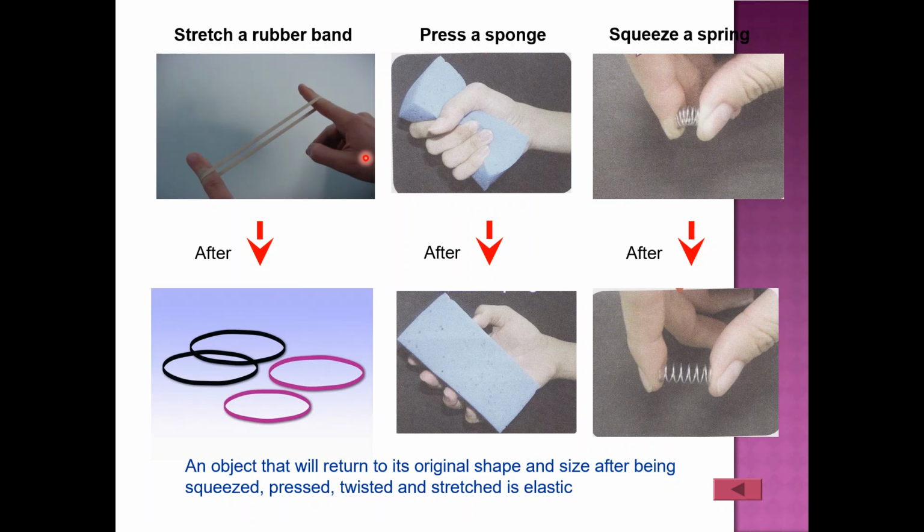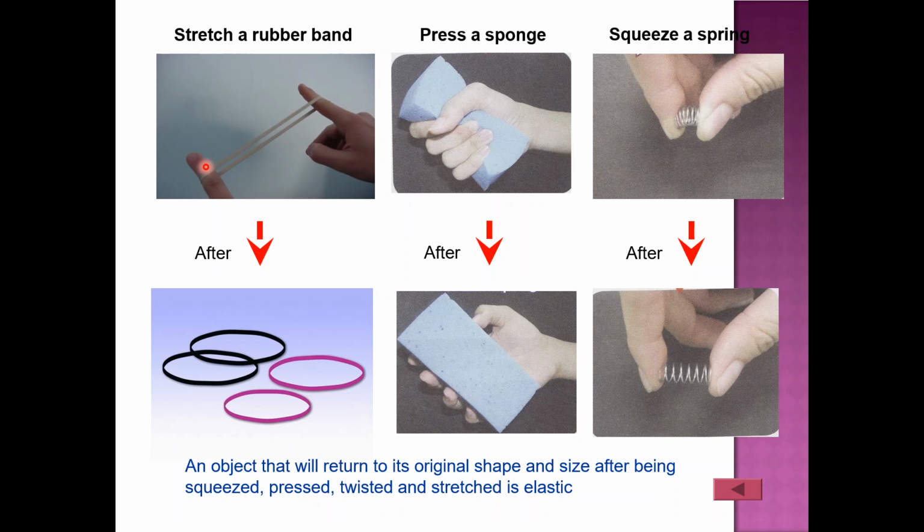Second effect of force is, force can change the size or shape of the body, temporarily and also permanently. Here in these pictures you can see when we are applying force, the shape and size of the bodies are changing, and this is a temporary change.